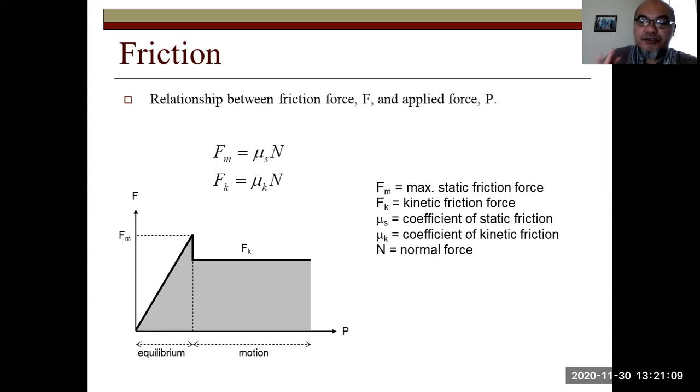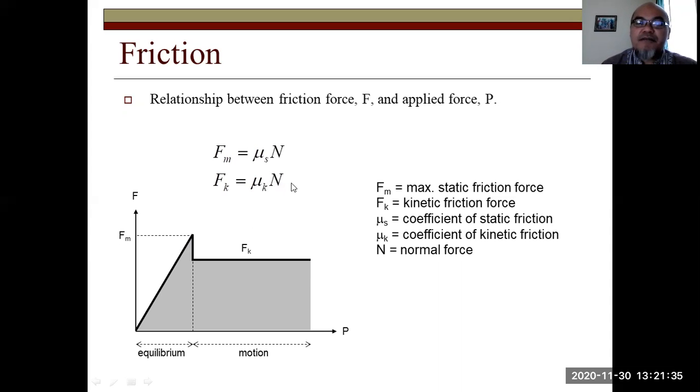When that pushing force is above a certain threshold, the object will start to move. After that, it is replaced with the kinetic friction force, which is constant and in the opposite direction of the motion. The threshold we call the maximum static friction force, or Fm.